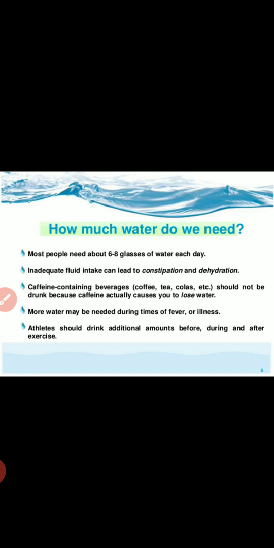Caffeine-containing beverages like coffee, tea, colas, etc. should not be relied on because caffeine actually causes you to lose water. More water may be needed during fever or illness. Athletes should drink additional amounts before, during, and after exercise. So this much water we need.